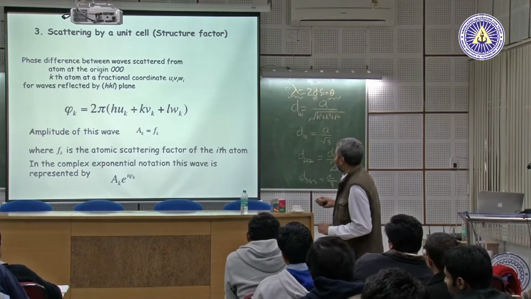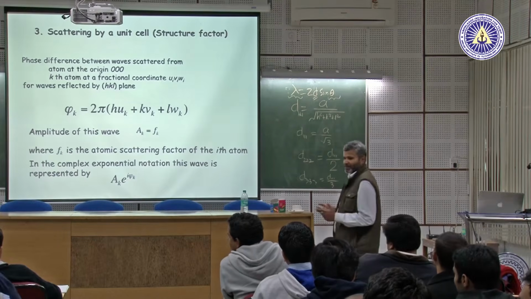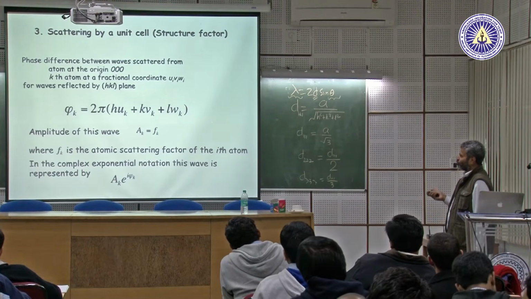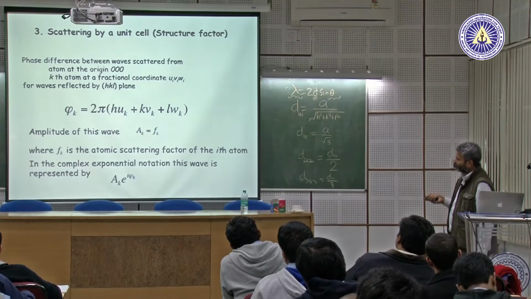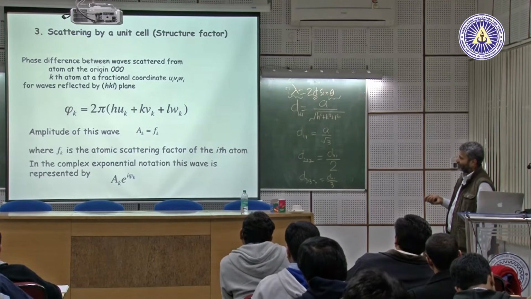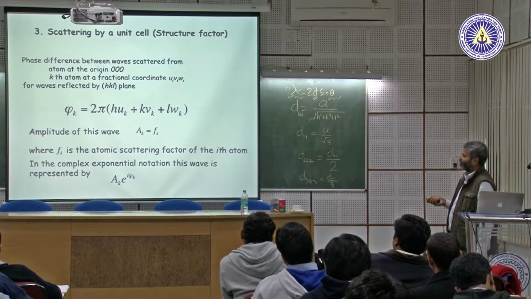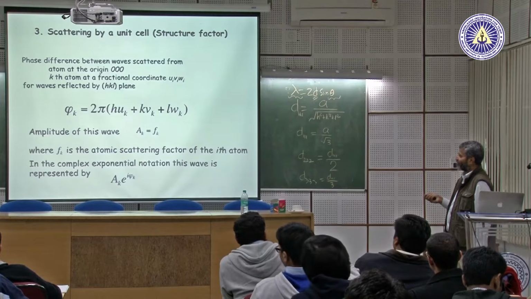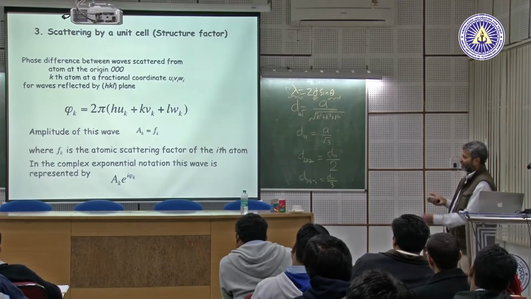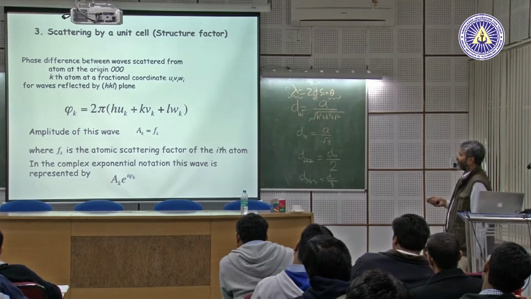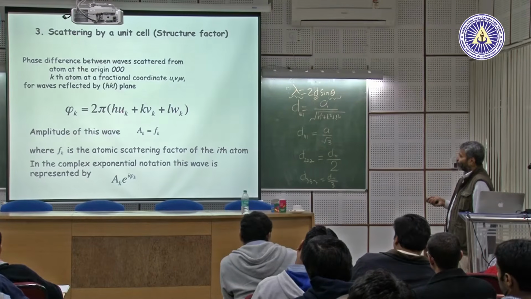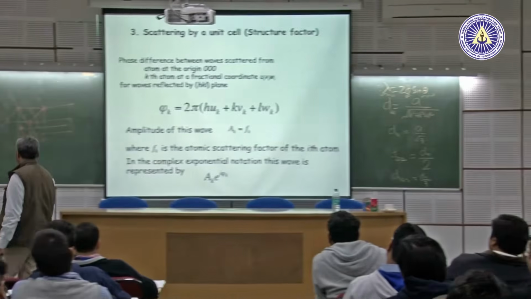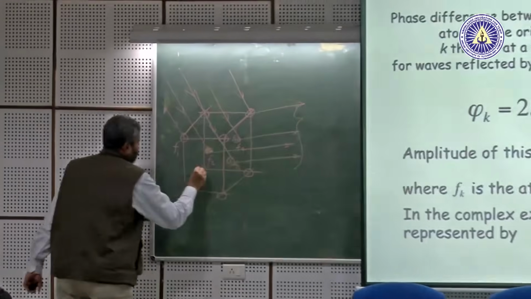Once the concept of reciprocal lattice is used, it can be easily shown that the phase difference from the kth atom, with 4 atoms in the unit cell, is simply 2 pi times (hu_k + kv_k + lw_k). HKL are the indices of the plane from which the waves are reflected, and u_k, v_k and w_k are the fractional position of this atom in the unit cell.